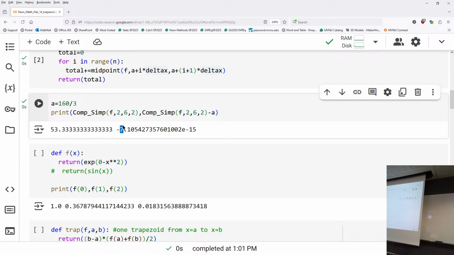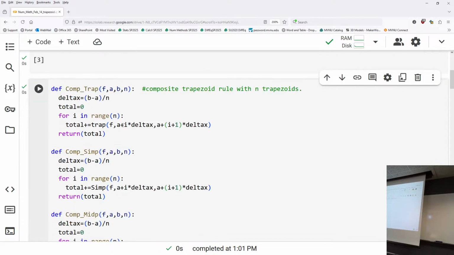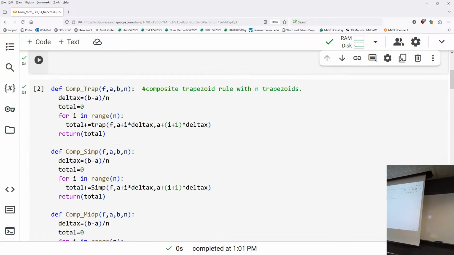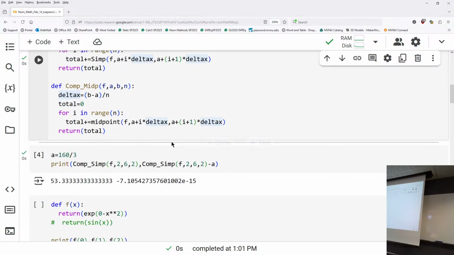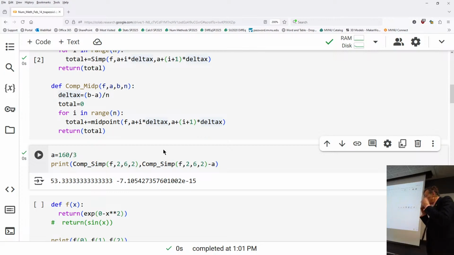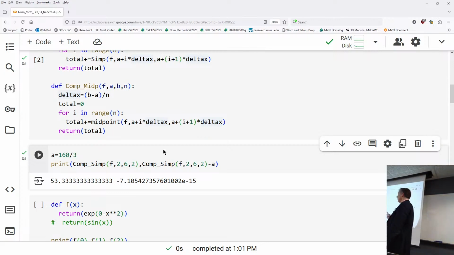The way that Simpson's rule works is, why is this not moving? Here we go. It interpolates with a degree 2 polynomial, and you're interpolating a degree 2 polynomial with a degree 2 polynomial, so you're going to get an exact value.